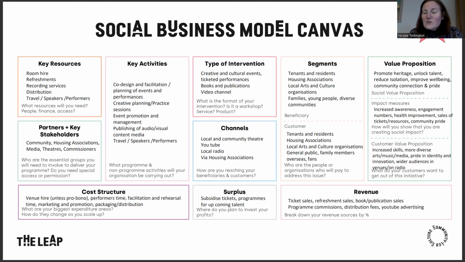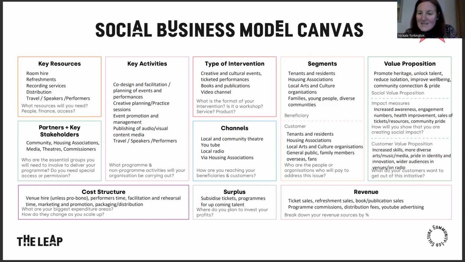And so, in order to better communicate to the tenants, residents, the future customers, and maybe future partners, we've just been talking about these partners and stakeholders, in order to bring other housing associations or theatres or commissioners on board, what's the message, how do we convince them that they want to get behind our business model, our project, to take this thing forward?